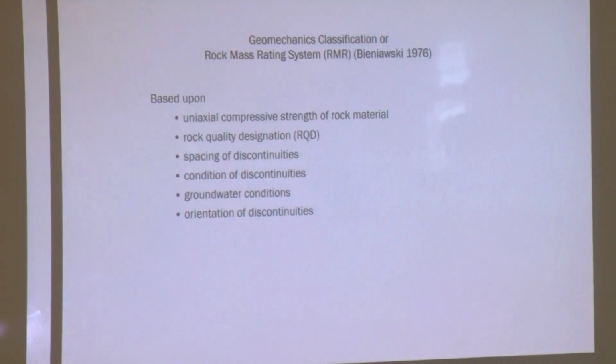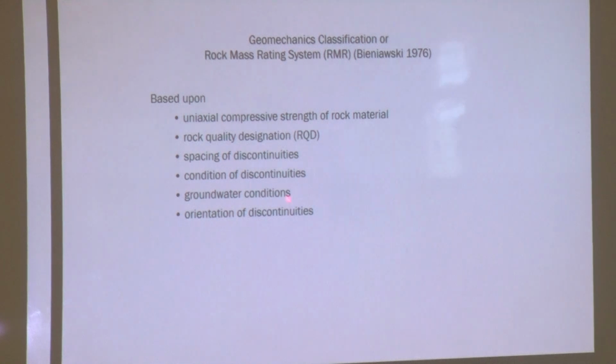Then the most discussed and most studied classification system in mining, civil and geology is the rock mass rating system developed by Bieniawski in 1976.